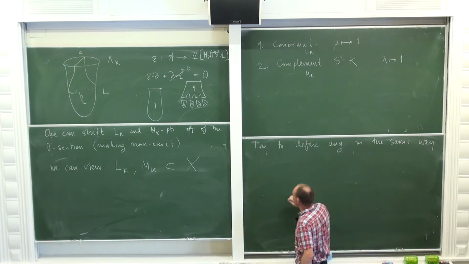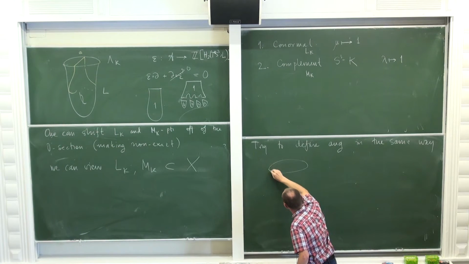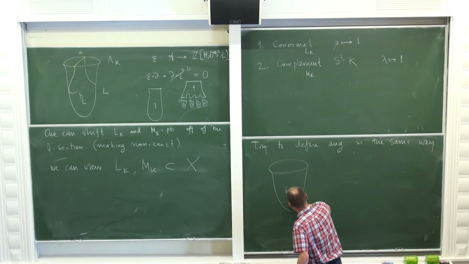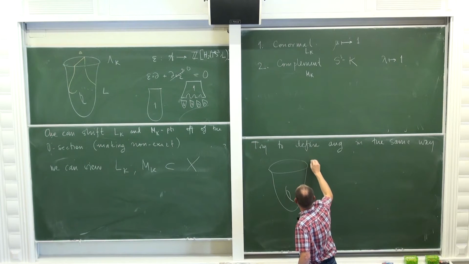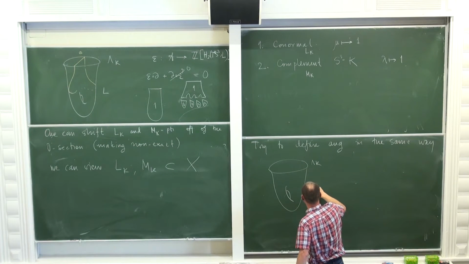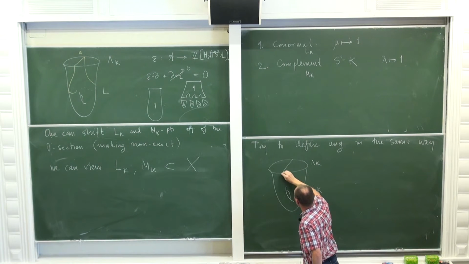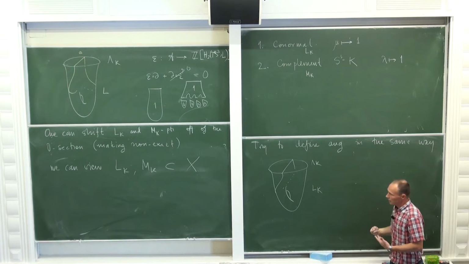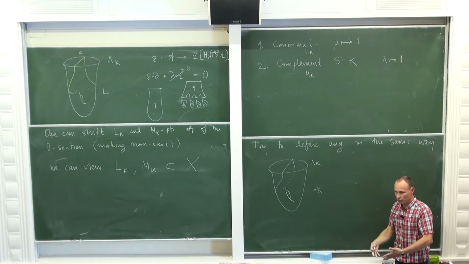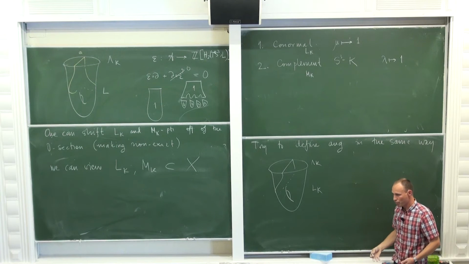In other words, we have the same picture. Here we have lambda k, and here we have LK and MK, let's say LK. And then we try to count disks going like that, and then we try to make a chain map out of it.